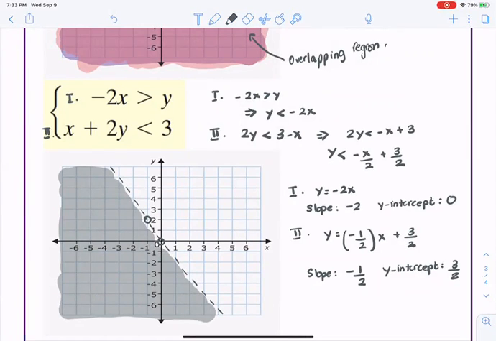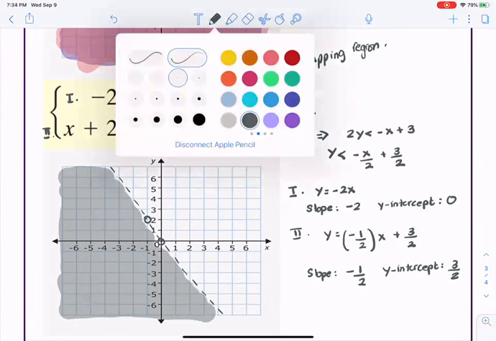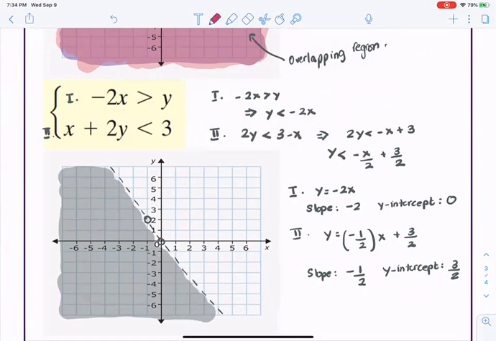The next one, the slope is negative 1/2 and the intercept is 3 over 2. 3 over 2 is simply 1.5. So open dot there. And if I plug in x to be 2 or x to be 1 as well.